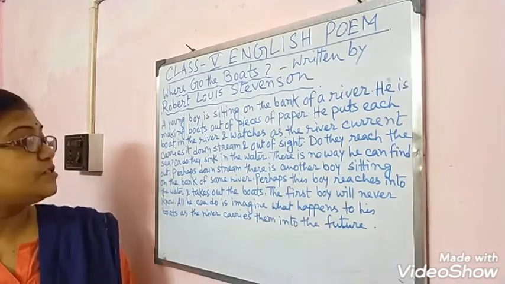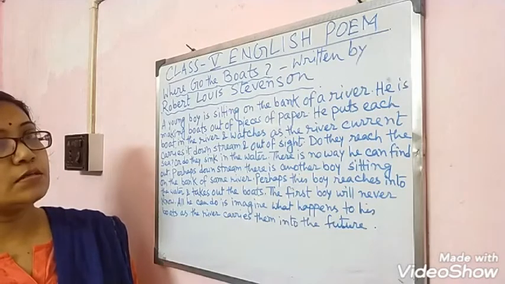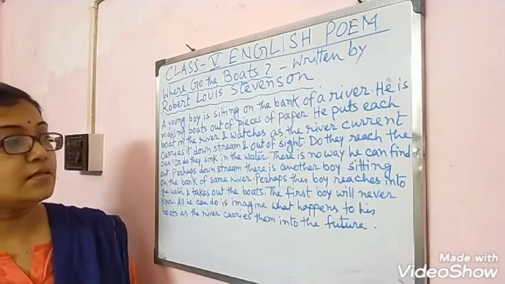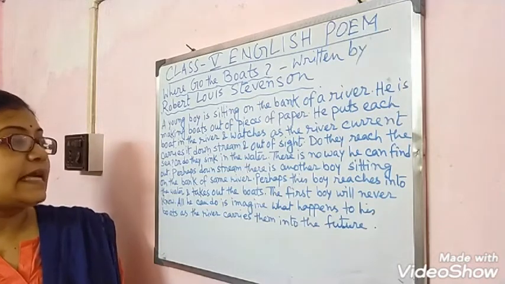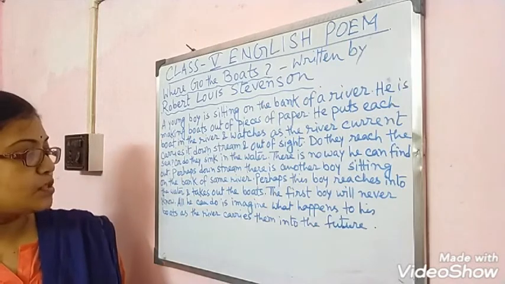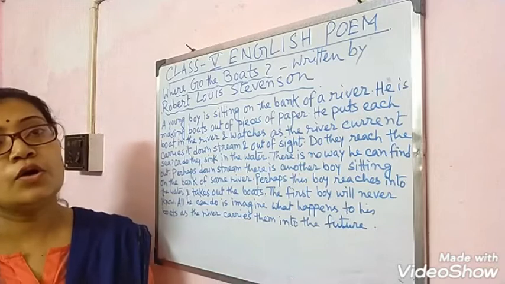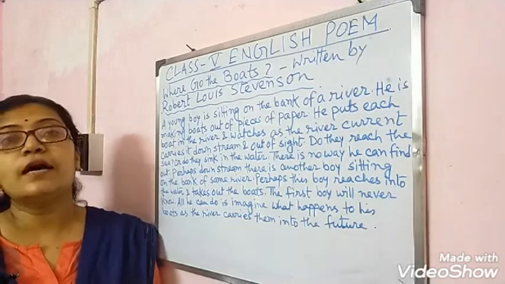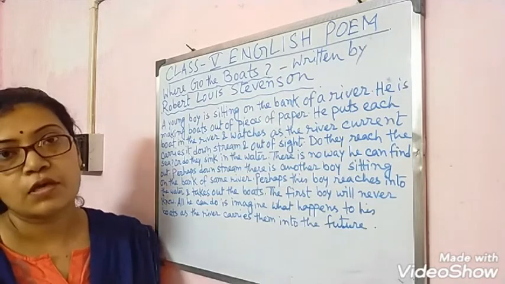Perhaps this boy reaches into the water and takes out the boats. Maybe. The first boy will never know. All he can do is imagine what happens to his boats as the river carries them into the future. So, this is the complete explanation of the poem Where Go the Boats.